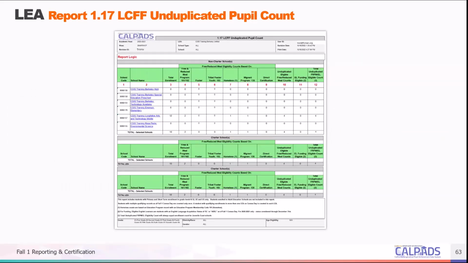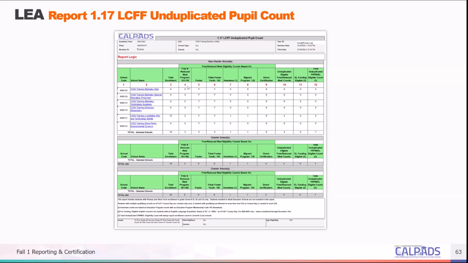And here we have report 1.17, LCFF unduplicated pupil count. And so this report is a key report. It's very important because, as the title suggests, this helps identify students for LCFF, those that would be part of the UP, right?